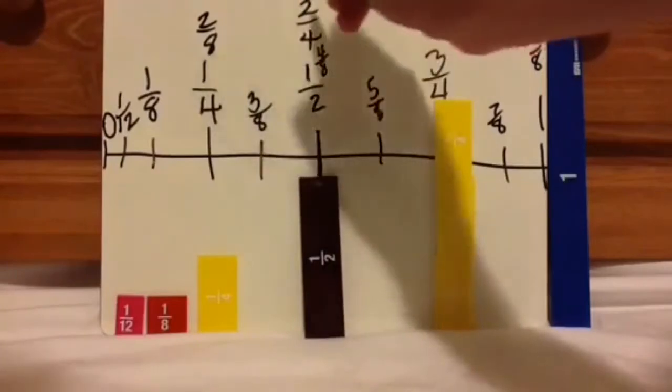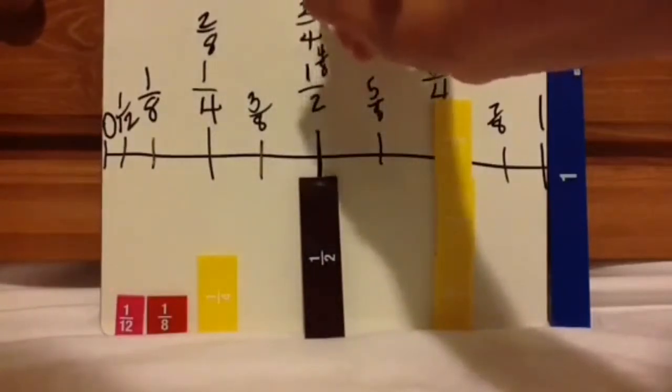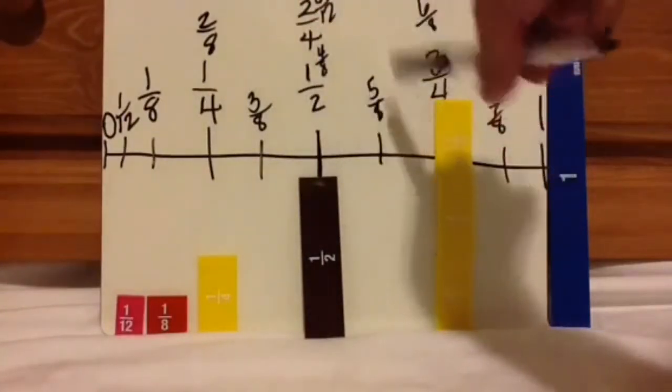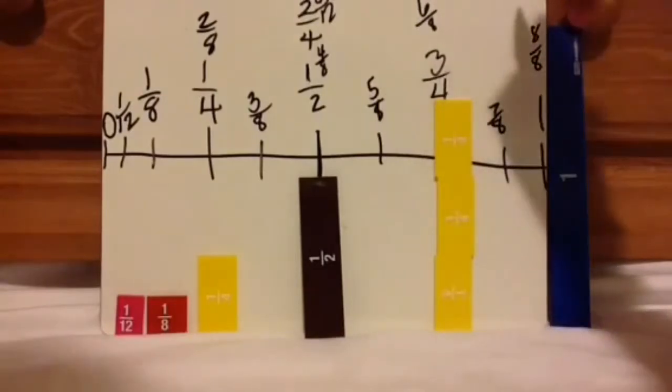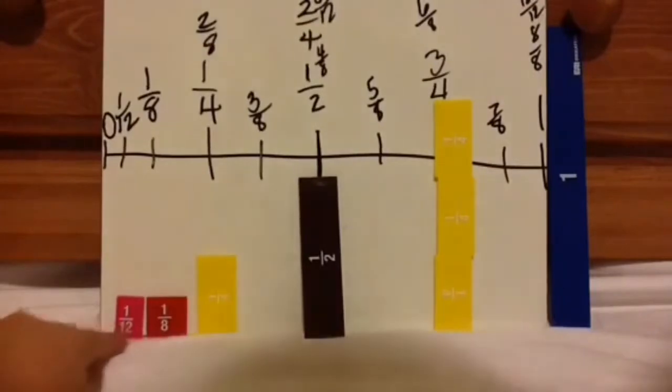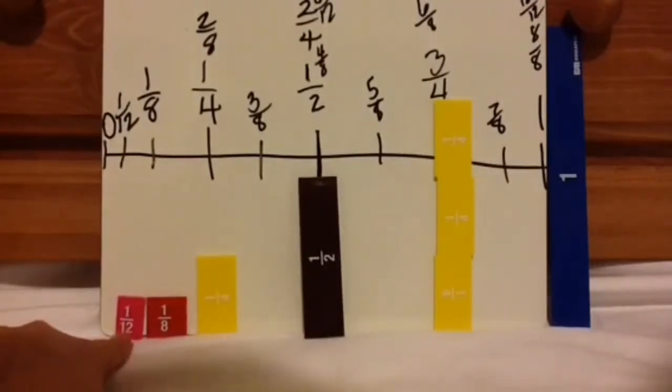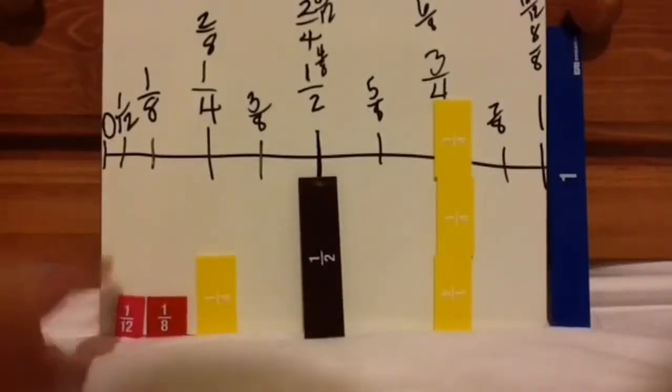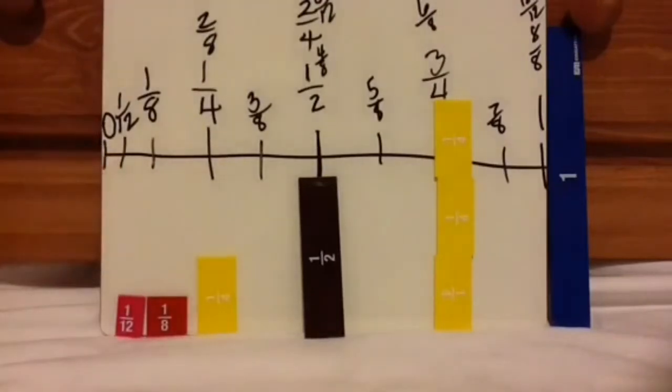I know this would be 6/12, 7/12, 8/12, 9/12, 10/12, 11/12, 12/12 would be right here. I'm not worried about labeling the entire number line. I just want you to see a general idea that 1/12 is so tiny that it is very close to 0. So it's like saying I almost have nothing.